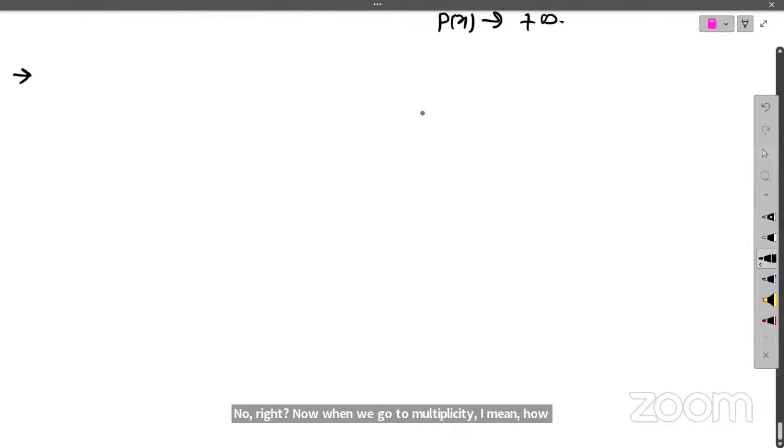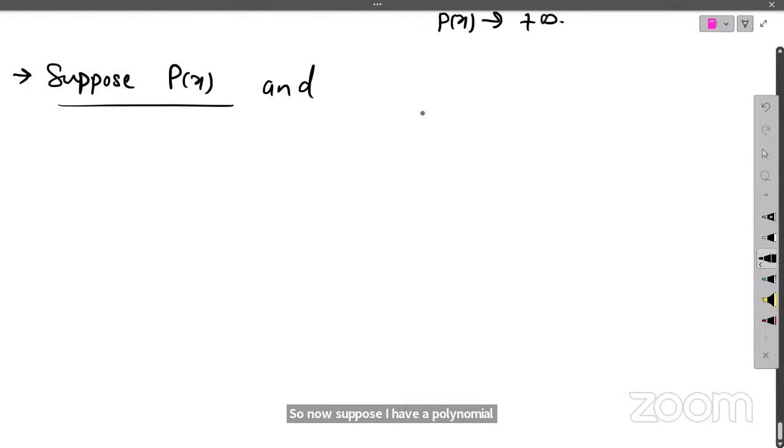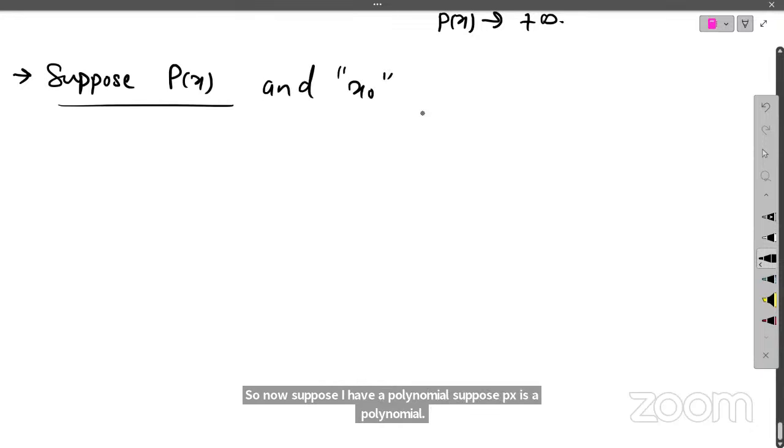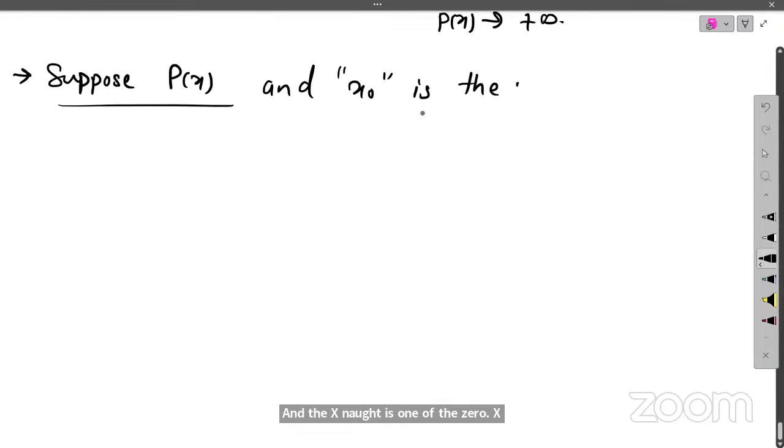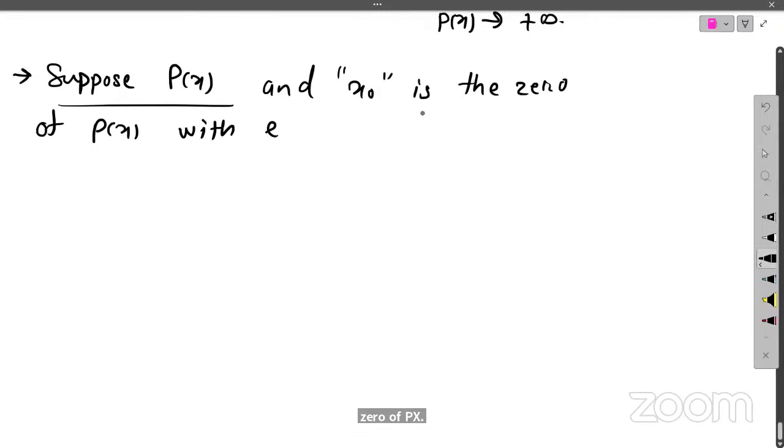I mean, how the graph will behave at multiplicities of 0, right? So now suppose I have a polynomial. Suppose p(x) is a polynomial, and x0 is one of the zeros, a zero of p(x) with even multiplicity.